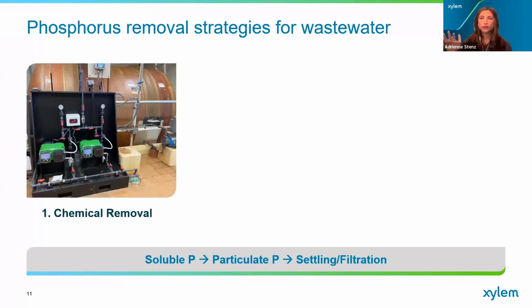The first option is chemical removal. This is the most popular and common option due to how long this kind of technology has been around. Chemical removal involves dosing chemicals like ferric or alum to bind phosphorus in the water and later get settled out.